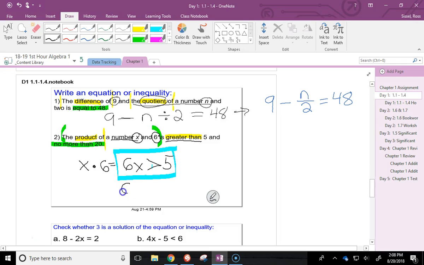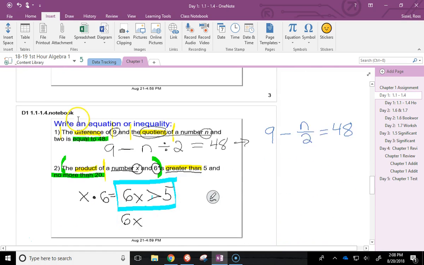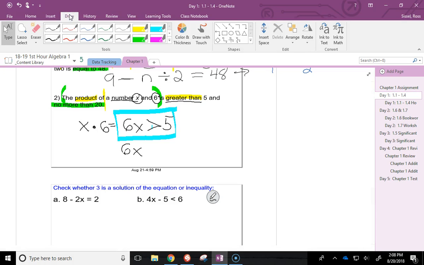So we still get 6 times x is no more than 20. If you remember, we scroll up. No more than is talking about less than or equal to. So 6x is less than or equal to 20.